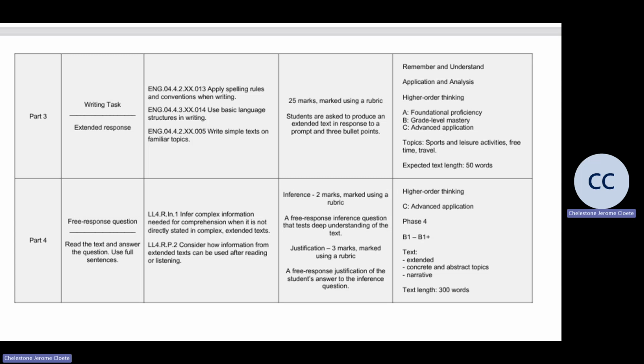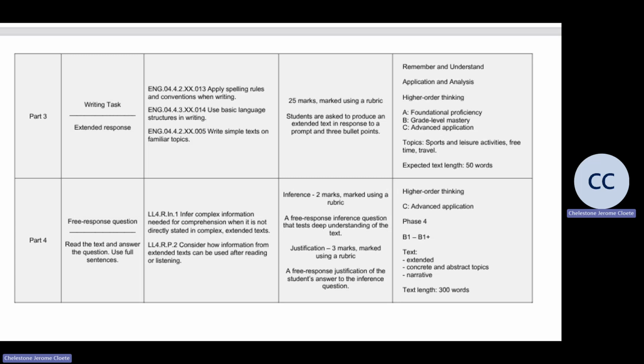Here you are asked to produce an extended text in response to a prompt and 3 bullet points. Right. That's your writing. Your extended response is your essay writing. Then part 4, which is read the text and answer the question, use full sentences. Right. It's your inference question, where you will get a text and you have to infer meaning of certain things, or what do you think will happen next, or you need to predict something.